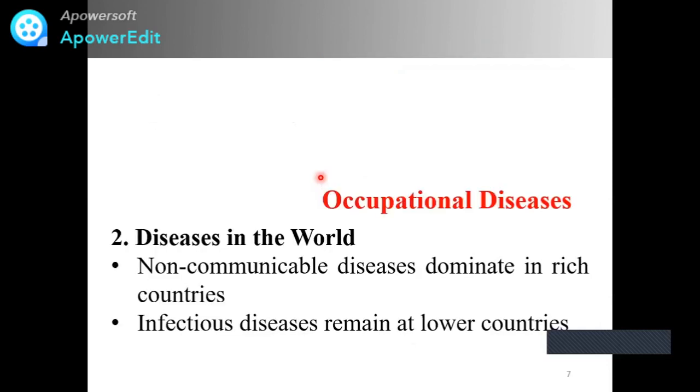When we compare developed countries and developing countries, or rich countries and poor countries, we can come to a conclusion about the diseases of the people. Causes of death vary significantly between countries.